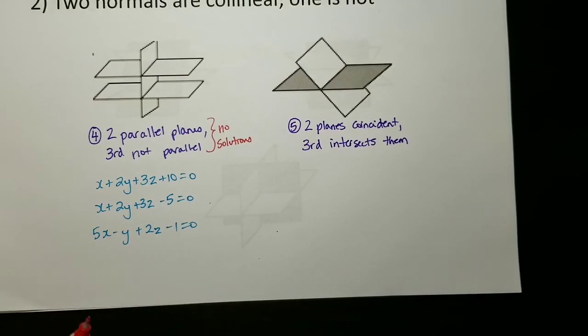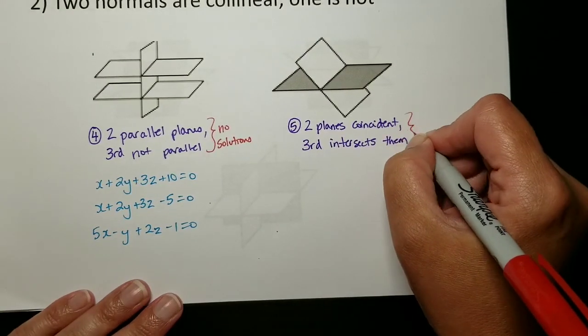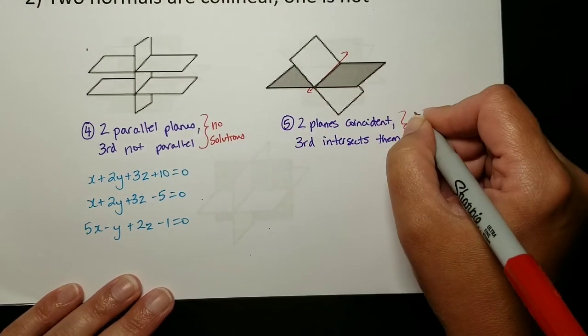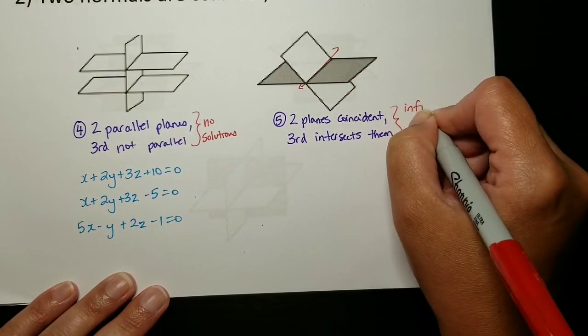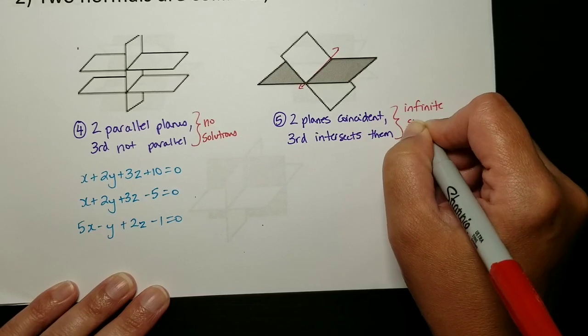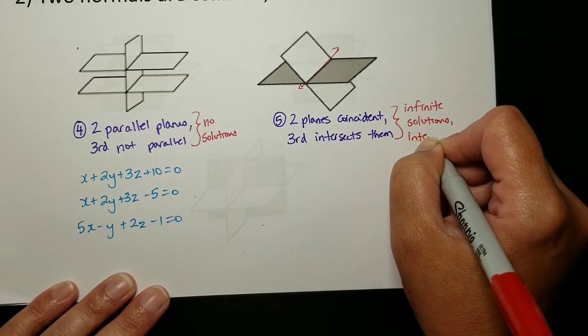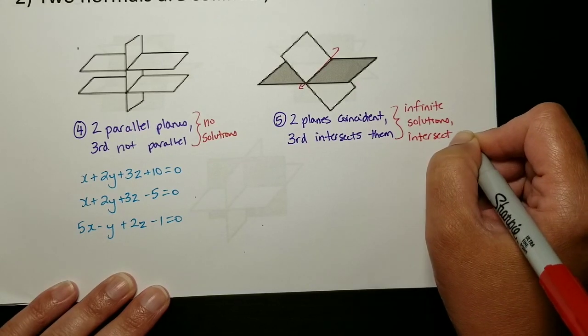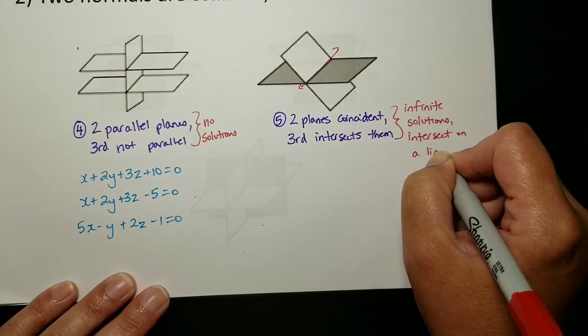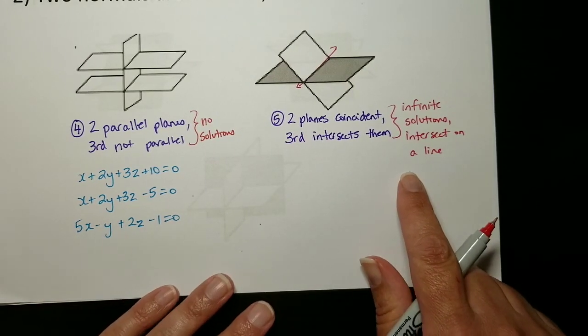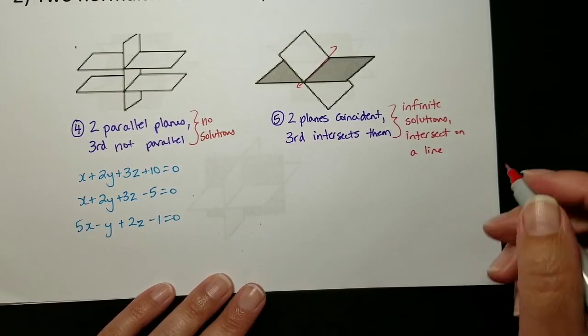So this is going to have infinite number of solutions. It will intersect on a line. So this is going to be solved the exact same way that you did on the day 7 lesson.